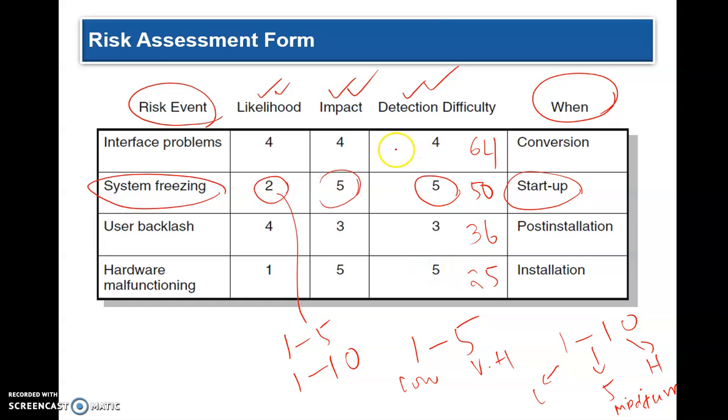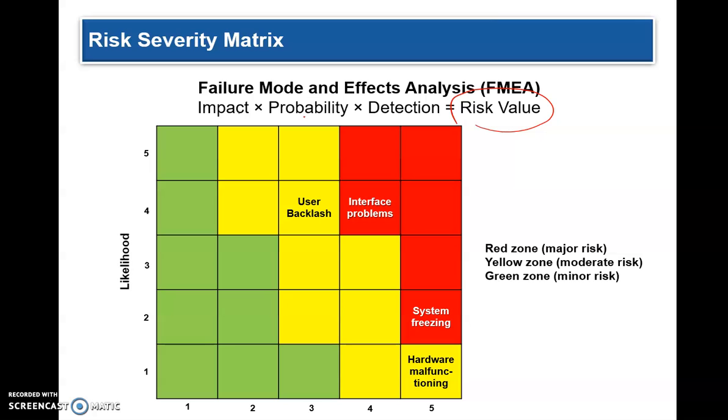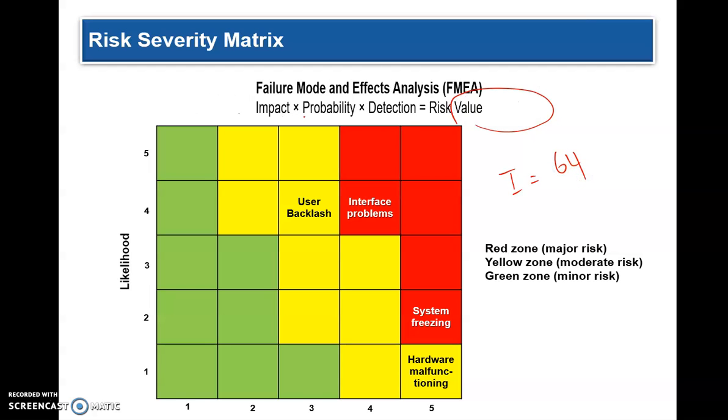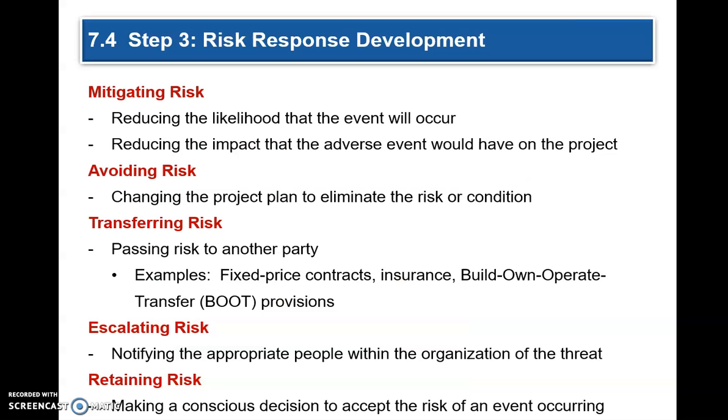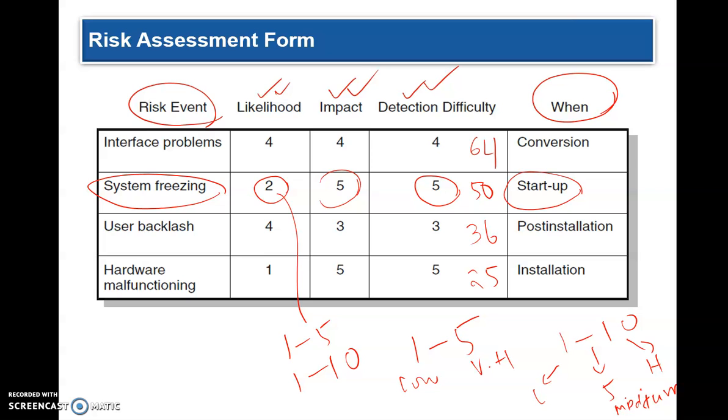So you're seeing the interface problems are 64, 50, 36, 25.